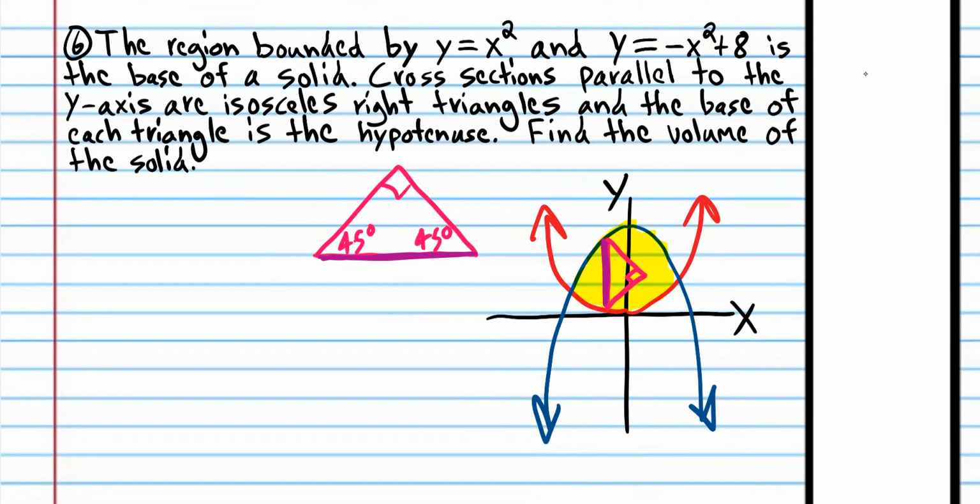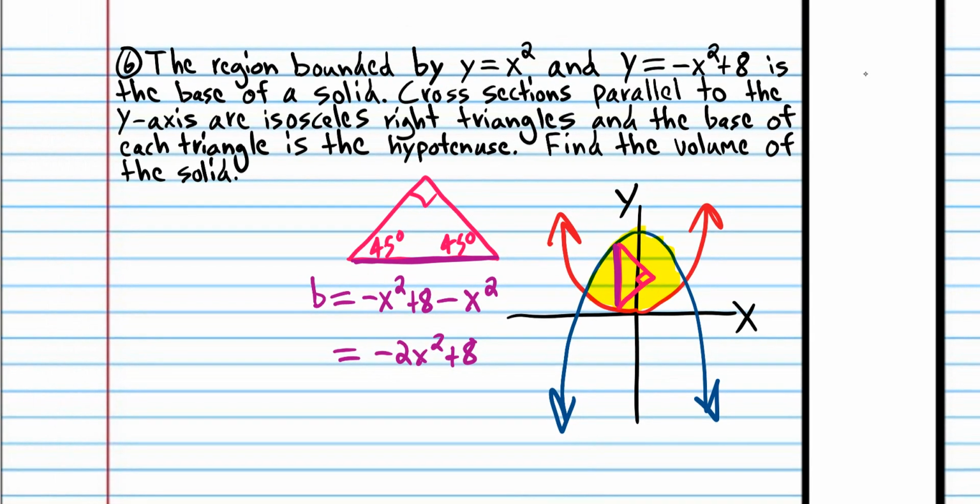Well, what you do is you take the y value of the blue graph. I'm going to call this b for base. The y value of the blue graph is negative x squared plus 8. And you subtract the y value of the red graph. It's that simple. So we have negative 2x squared plus 8. That's the base of that triangle.